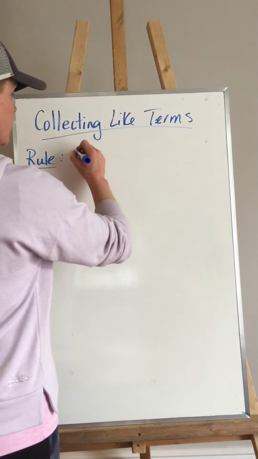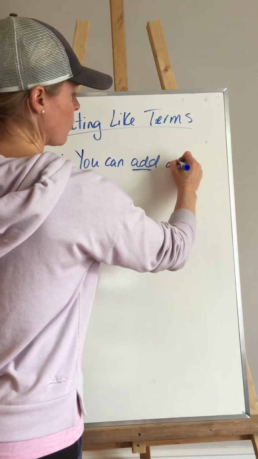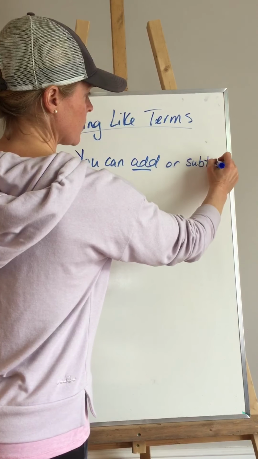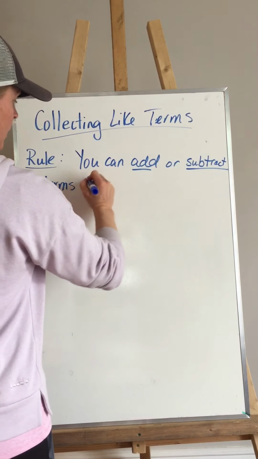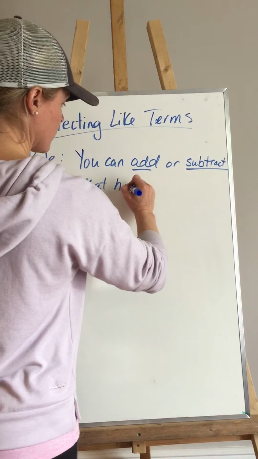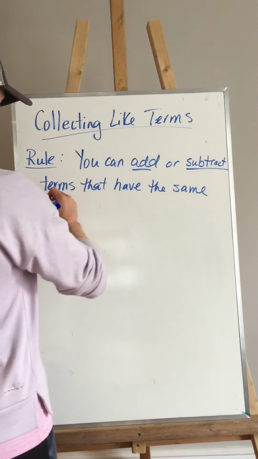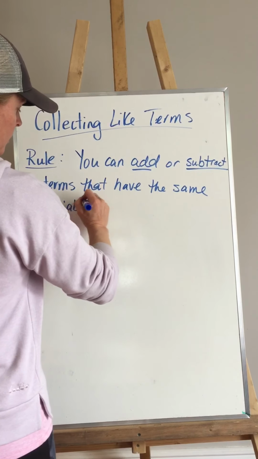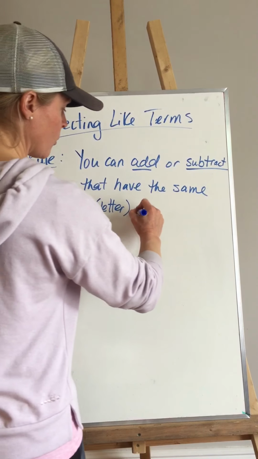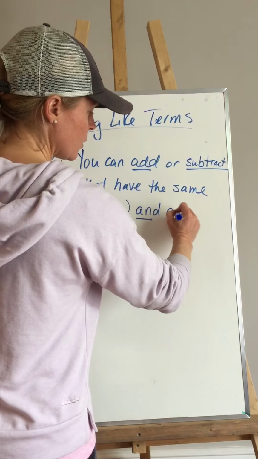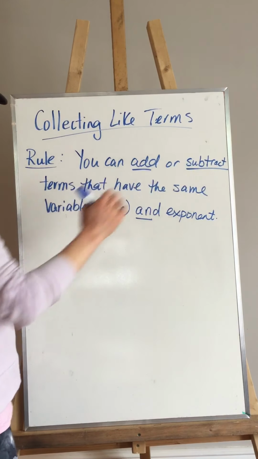So the rule for collecting like terms is that you can add or subtract terms that have the same variable, okay, variable being the letter, and exponent. Both need to be the same in order for you to be able to add or subtract them.